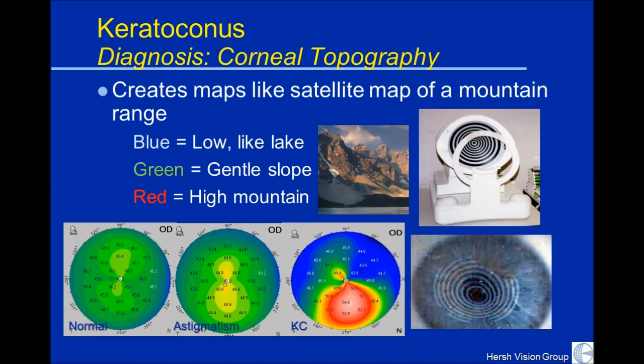If you look at this map from which this is reconstructed, rather than having nice round circles, you can see the cornea is stretched in this direction, bulging right here, and that bulge area is indicated by a high spot, the red that you see on the corneal topography. So this is the diagnostic equipment that we can use for the earliest possible diagnosis of KC.